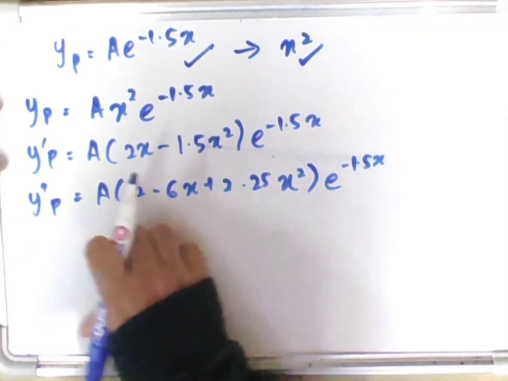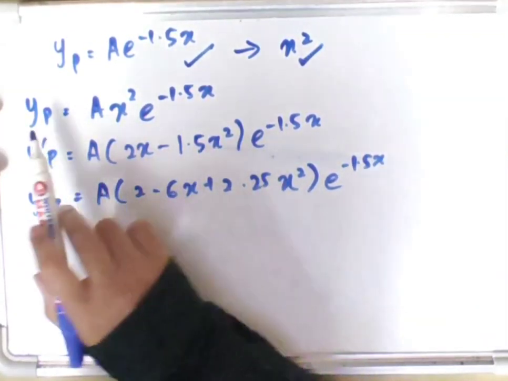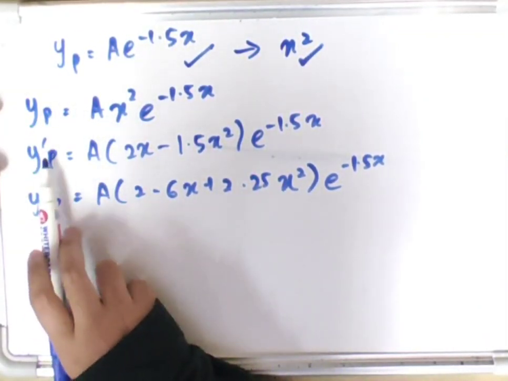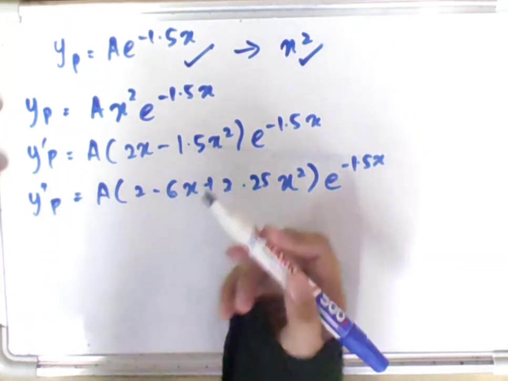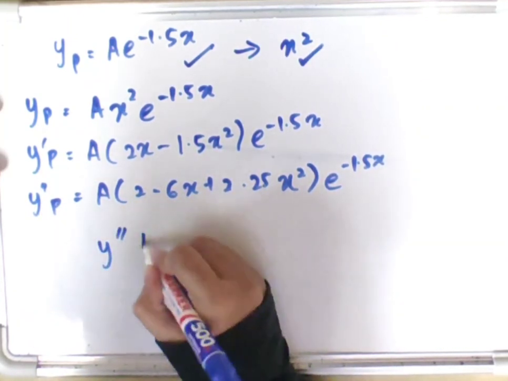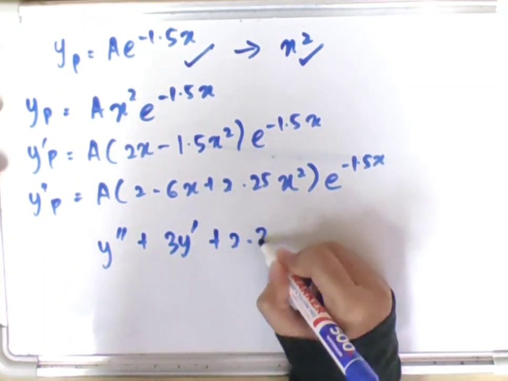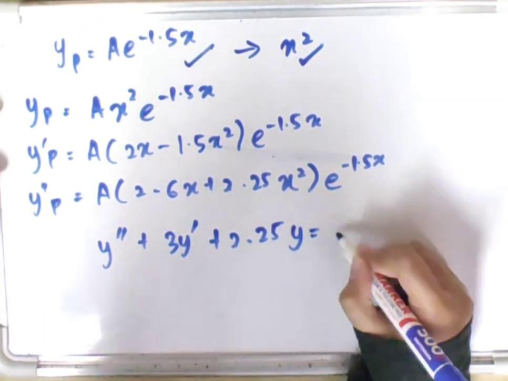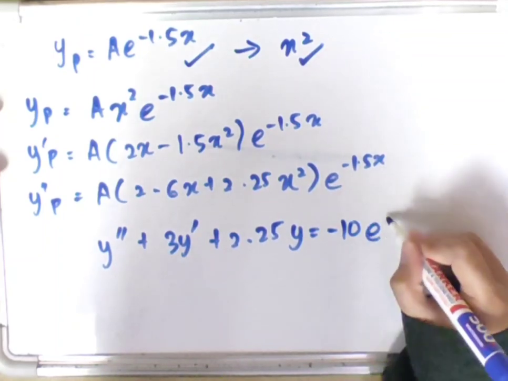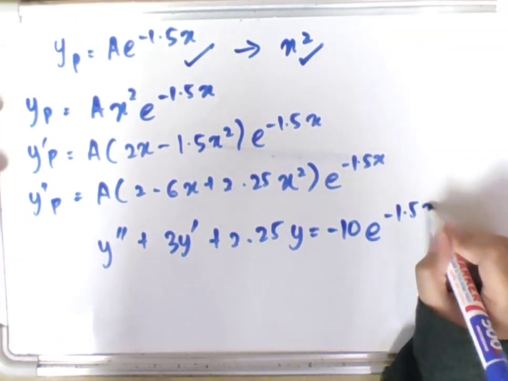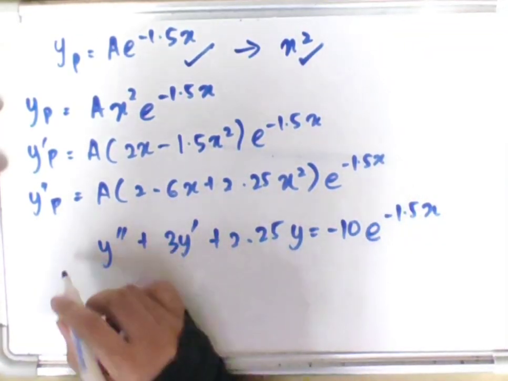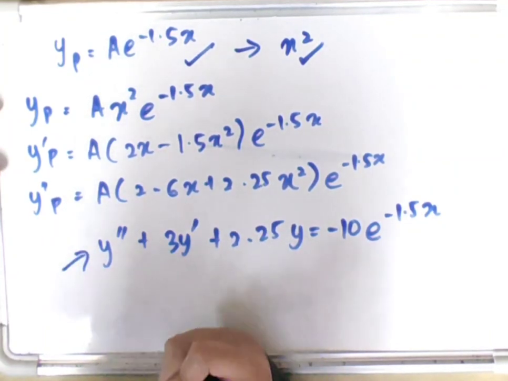Substitute y p, y prime p, and y double prime p into y double prime plus 3y prime plus 2.25y equal to negative 10 e to the negative 1.5x, which we get from the non-homogeneous equation.